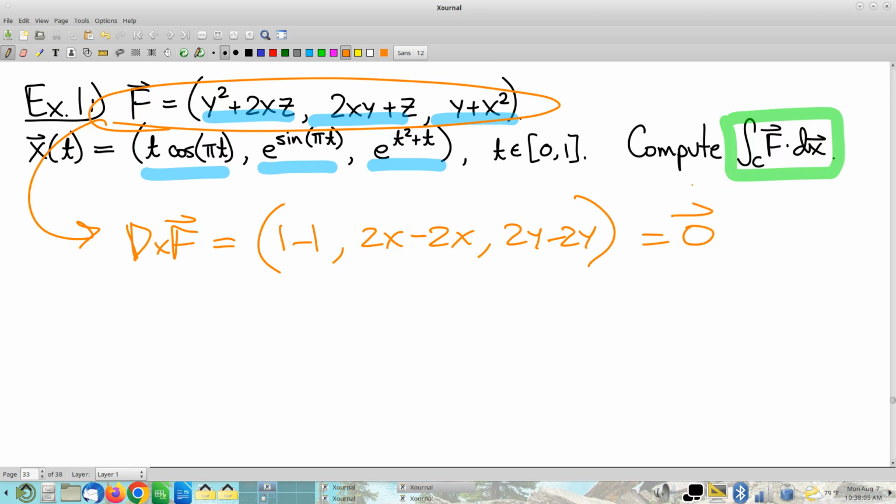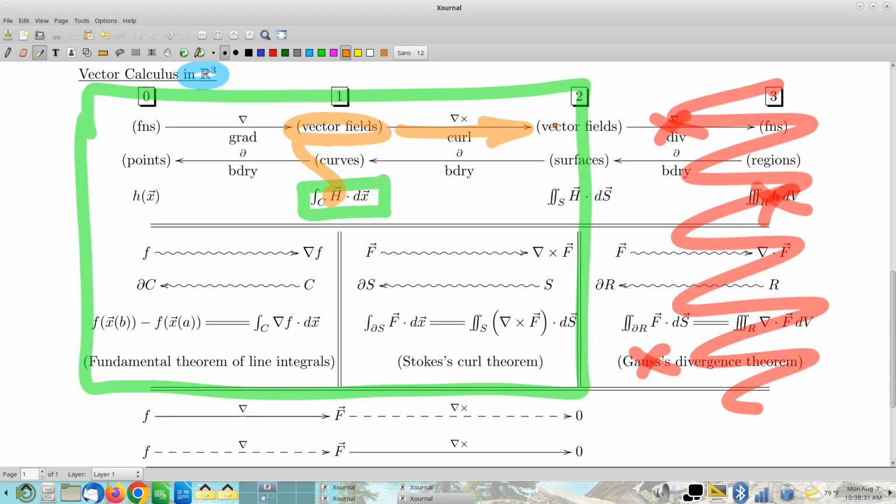Everybody follow the algebra on that? If you didn't follow my algebra on that, make sure to look again at the formula for how to compute curl, right? And you want to think through, streamline your understanding of that formula so that you can compute that quickly, like I did here. Okay, curl was 0. That's good news. Let's go back to the diagram here. We got 0.